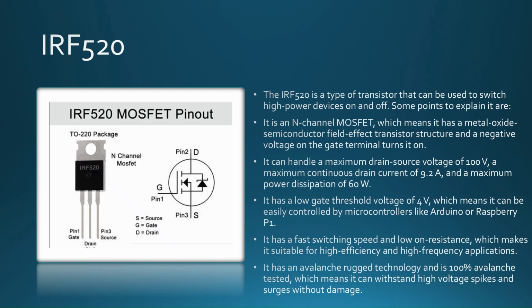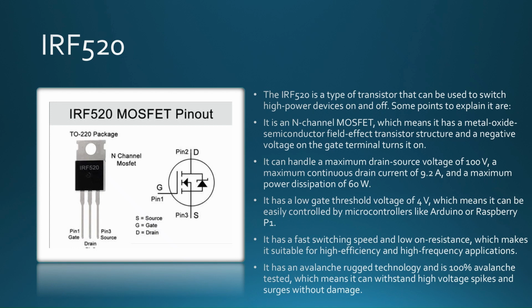It has a fast switching speed and low on resistance, which makes it suitable for high efficiency and high frequency applications. It has an avalanche rugged technology and is 100% avalanche tested, which means it can withstand high voltage spikes and surges without damage.